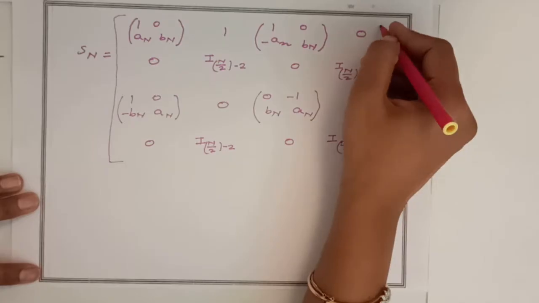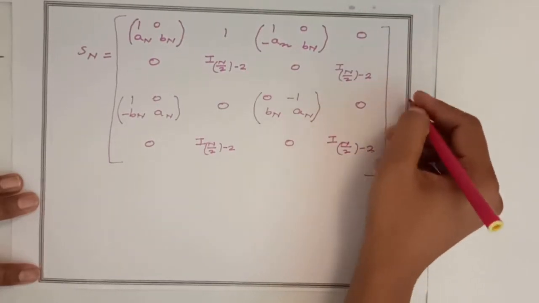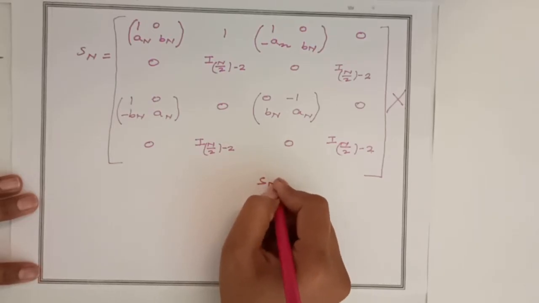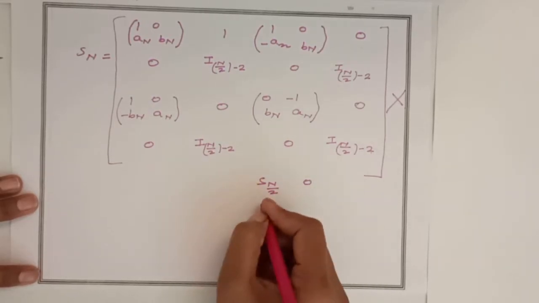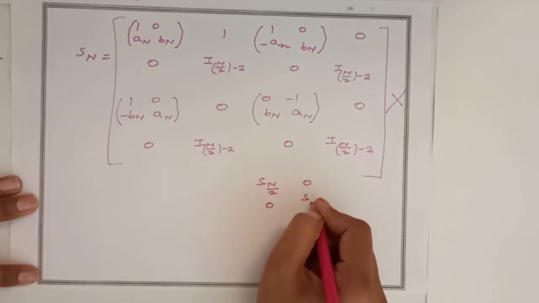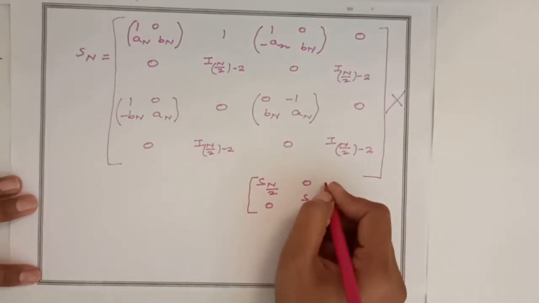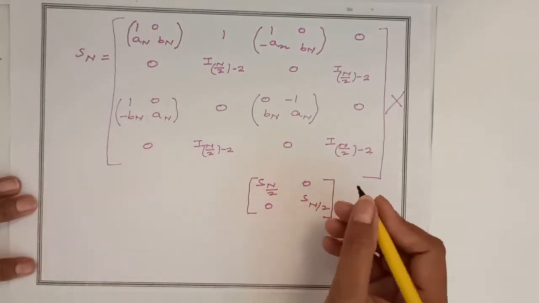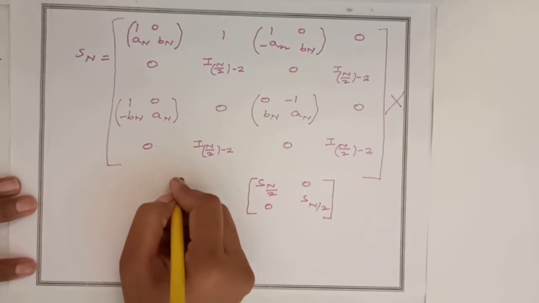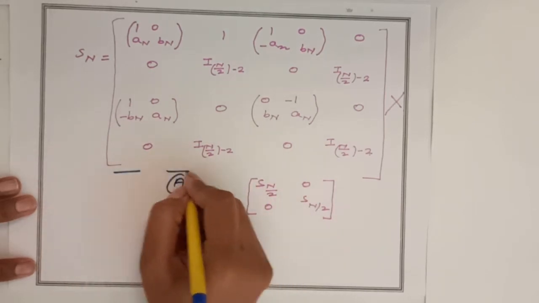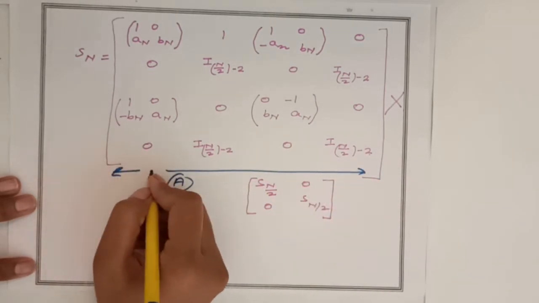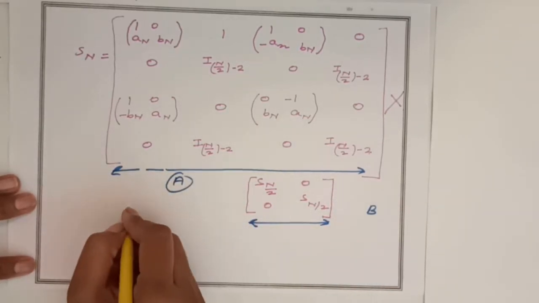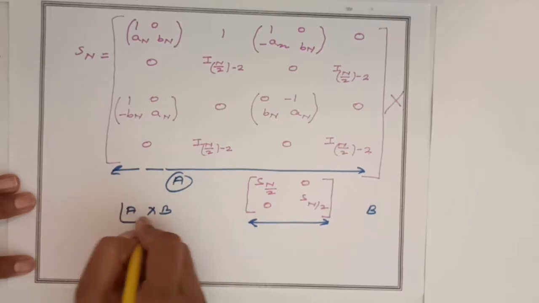So this is of the order of 4 cross 4 into S n by 2, 0 and 0, S n by 2. So you can see that this is the product of two terms, A, which is written as this matrix, and B, which is written as this matrix.